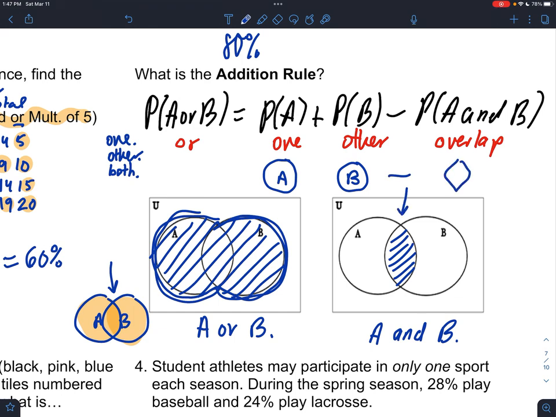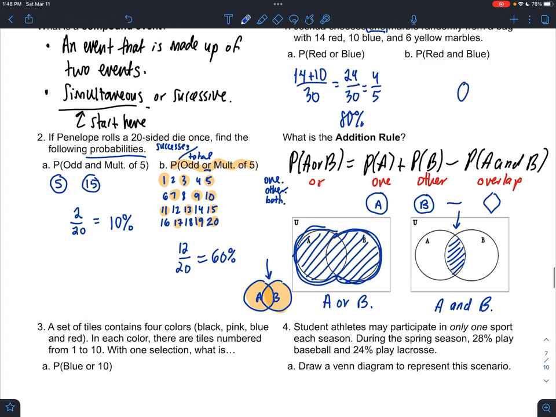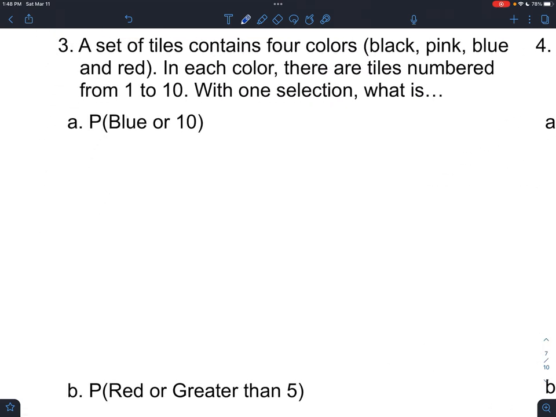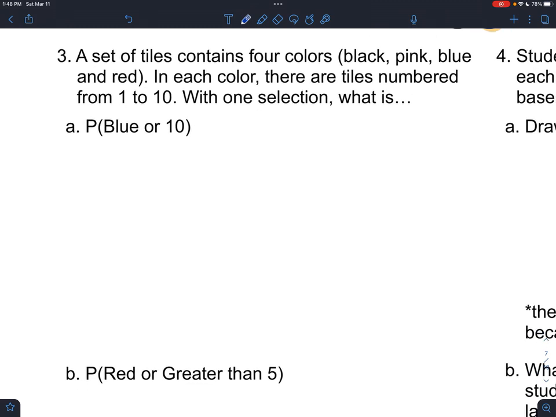So if you want a clean single layer, you actually have to subtract the overlap, this overlap. So that's why the formula is structured the way it is.